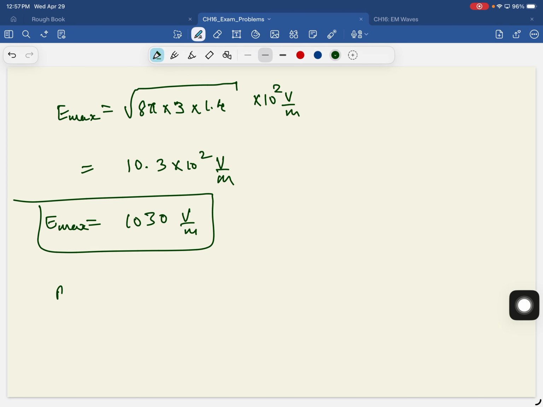And B max, of course, is just E max divided by C. So this is 1030 volt per meter divided by 3 into 10 to the power 8 meters per second, and that will work out in Teslas.